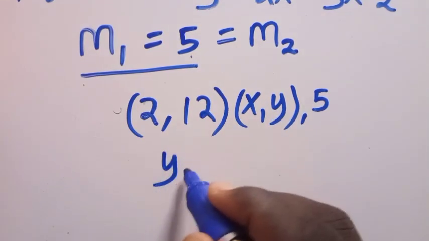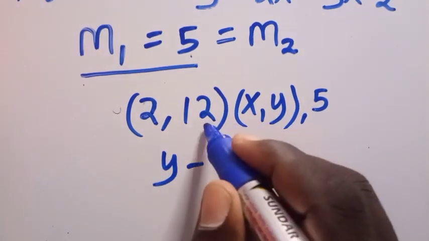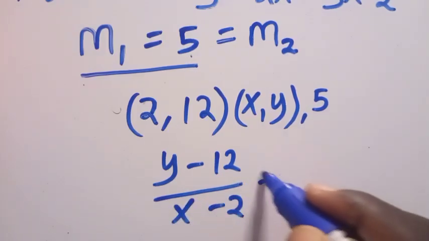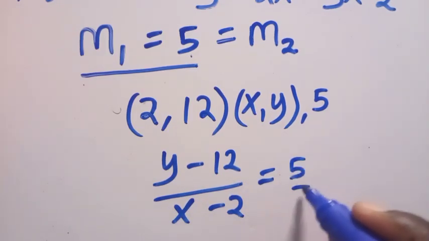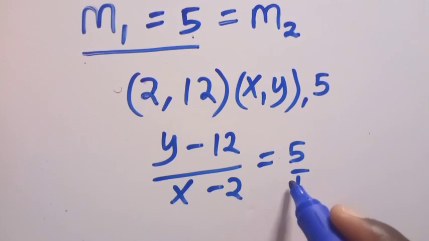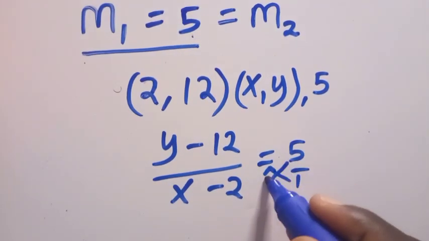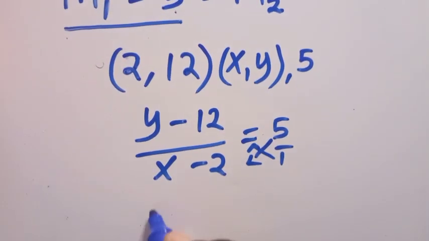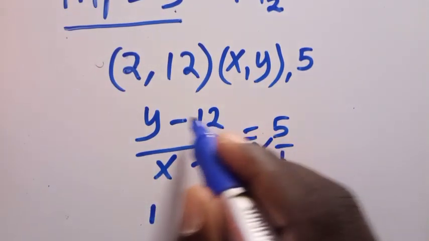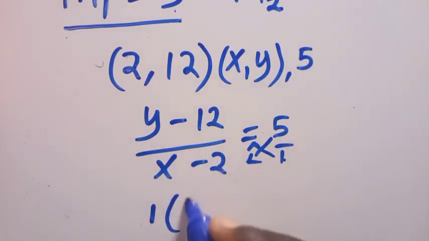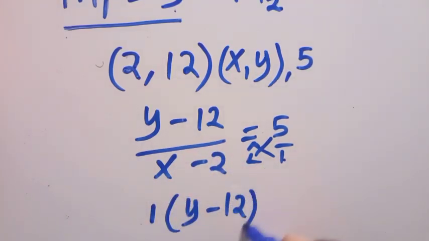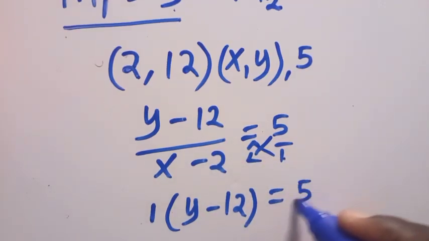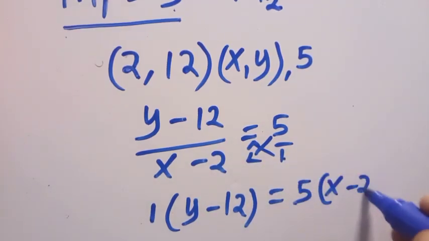That is, the change in y over the change in x: y minus 12 over x minus 2 equals 5. Let's say 5 is over 1. If you cross multiply, y minus 12 equals 5 into x minus 2.